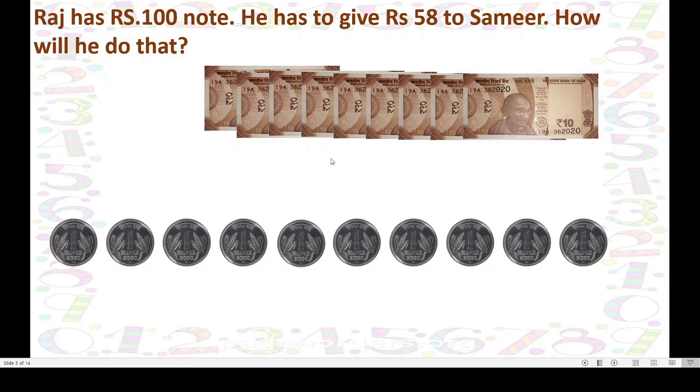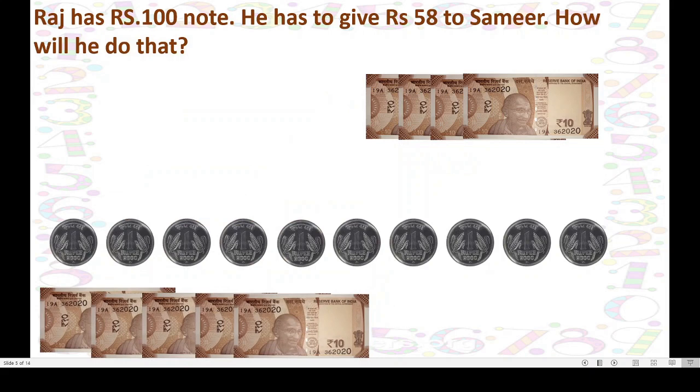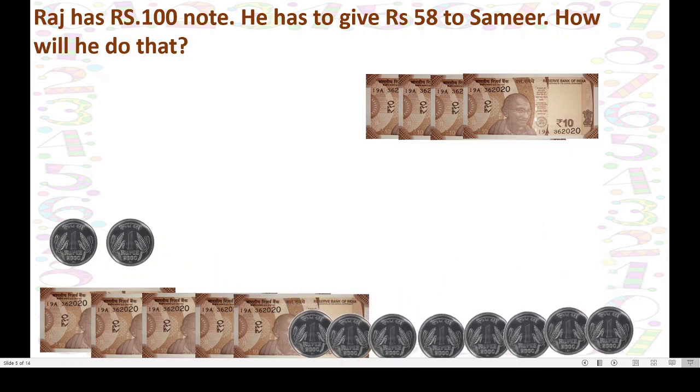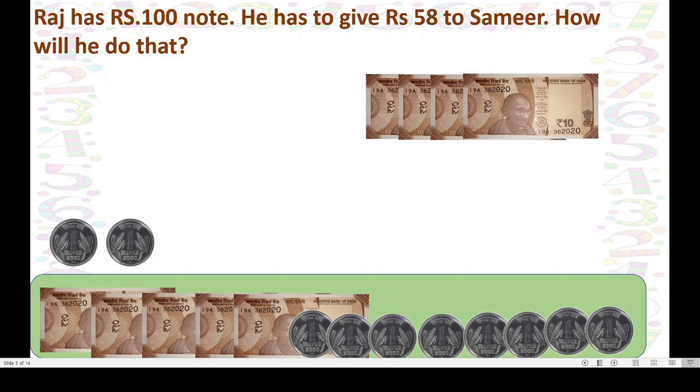Now Raj is ready to give 58 rupees to Samir. See here, he uses 5 ten rupee notes, that is 50, plus 8 coins of 1 rupee. Together it makes 58 rupees, isn't it? 50 plus 8.